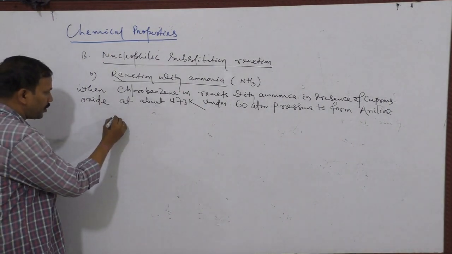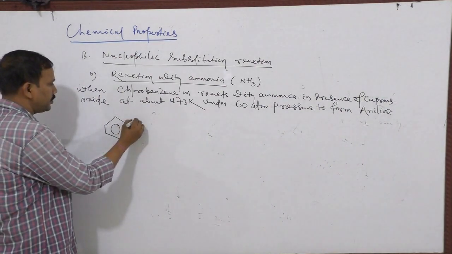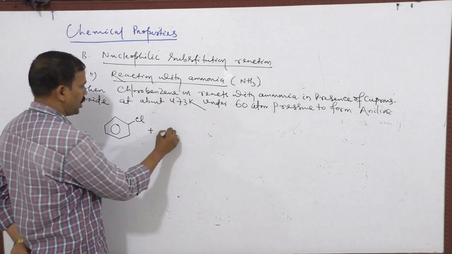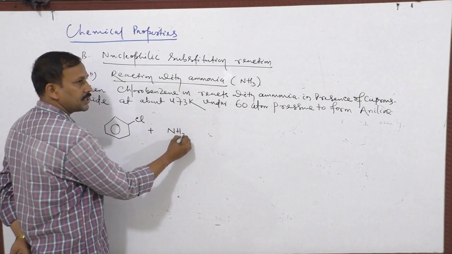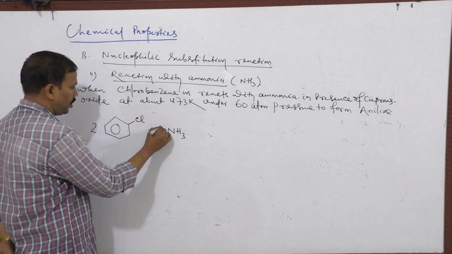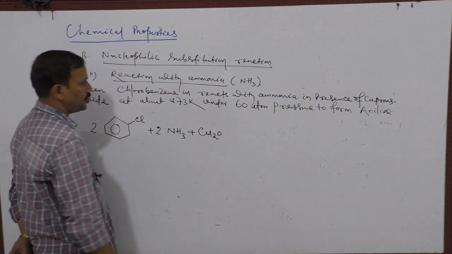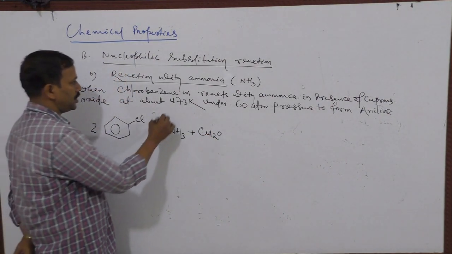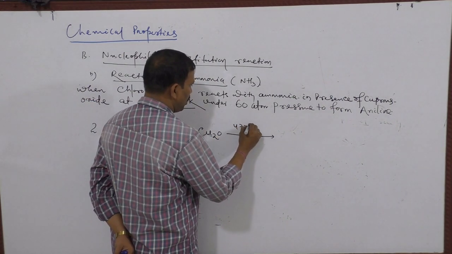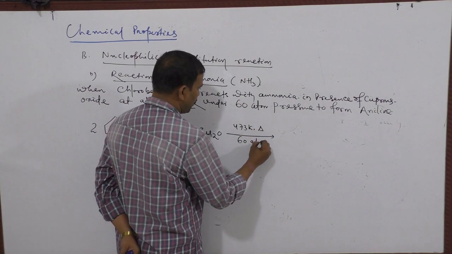Equation. This is chlorobenzene. When it reacts with ammonia, formula is NH3. Now you can take 2 mole of ammonia with cuprous oxide, that is Cu2O. Condition is 473 Kelvin, 60 atmospheric pressure.